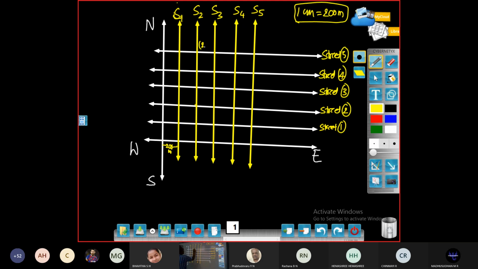This is 2, 5. Then the next one I will show, 3, 4 here. This is 3, 4. Similarly, you can take 4, 3. This is 4, 3.